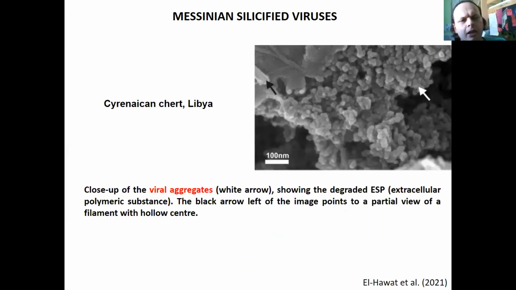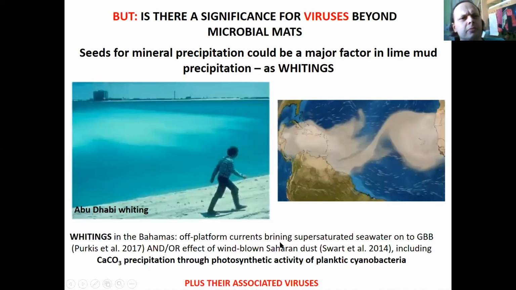The newly published paper from a Libyan church, of Messinian age. Again, the authors suggested that these tiny nanosphere icosahedral particles are most likely mineralized viral aggregates. Here we go. Okay, so it's not that hard. People can still find them in the fossil record.